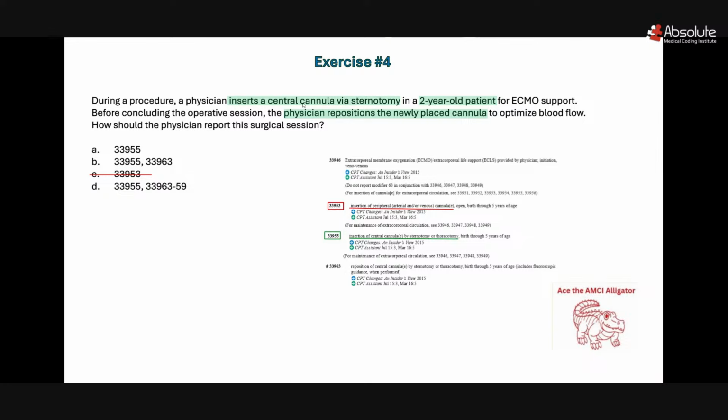So that's the exact approach which was used here, the sternotomy approach. So it's a good CPT code. And then we have 33963, which is coding for repositioning of central cannula by sternotomy or thoracotomy. Now, should we code these two together or not is the question, right?